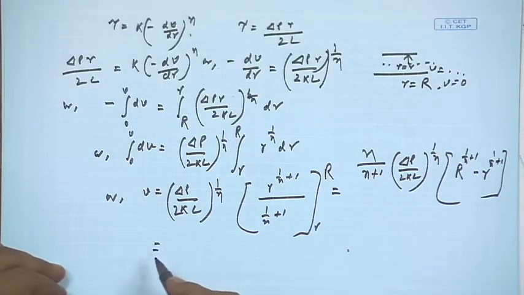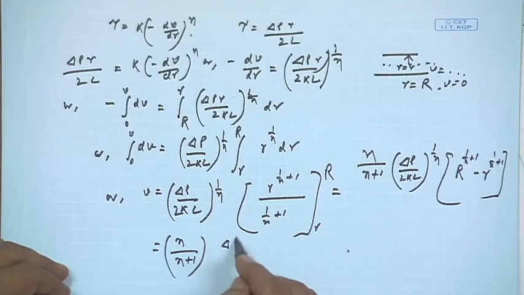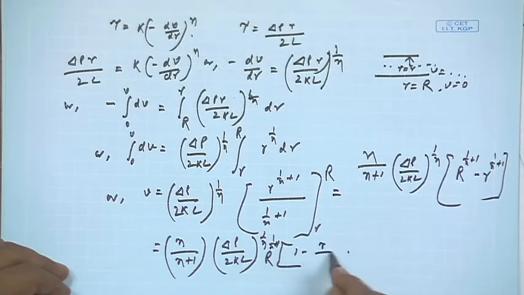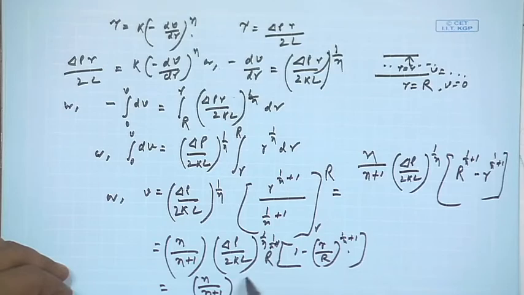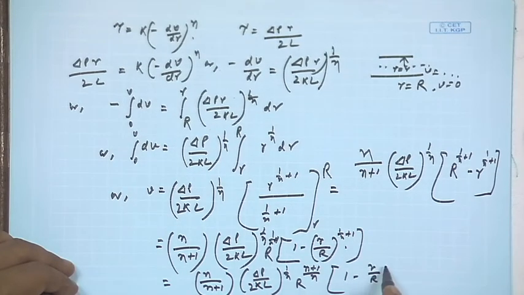So this can be rewritten as n by n plus 1, times (delta P by 2 k L) whole to the power 1 by n, times R to the power (1 by n plus 1) into 1 minus (r by R) whole to the power (1 by n plus 1). That is, V is equal to n by n plus 1 times (delta P by 2 k L) to the power 1 by n, times R to the power (n plus 1) by n, times 1 minus (r by R) whole to the power (n plus 1) by n, right.